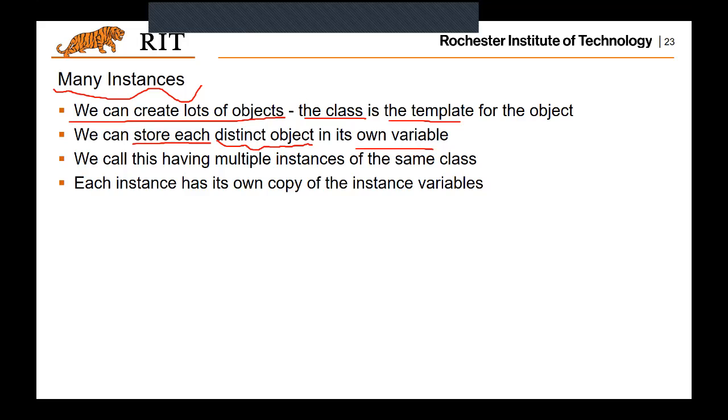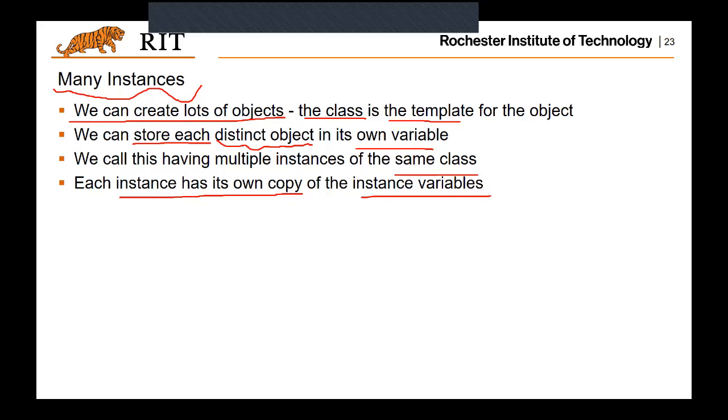Also, for the same class, you can define multiple instances. Each instance has its own copy of the instance variables. Although they are from the same class, they are still individuals, right? They have their own copies. For example, Lacey and Bob are two dogs.